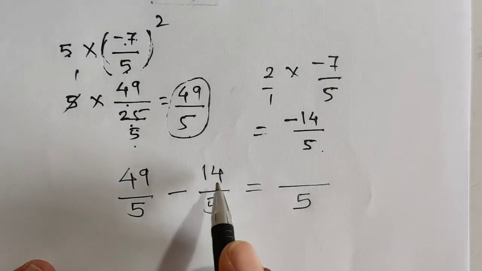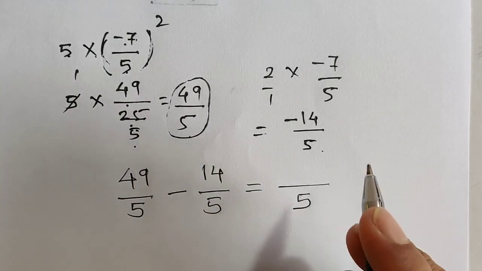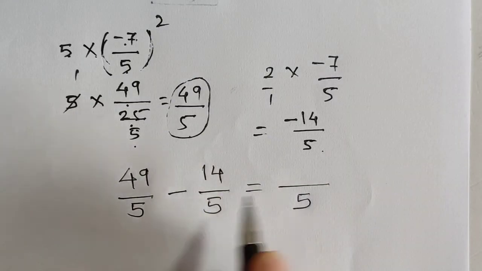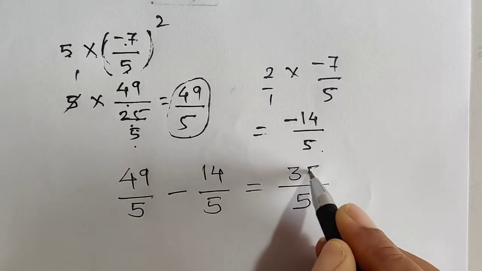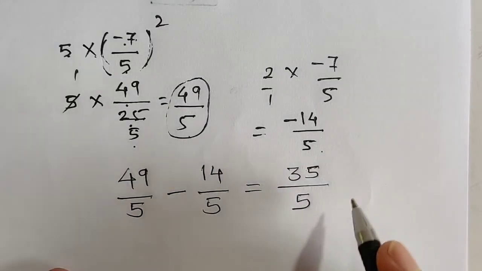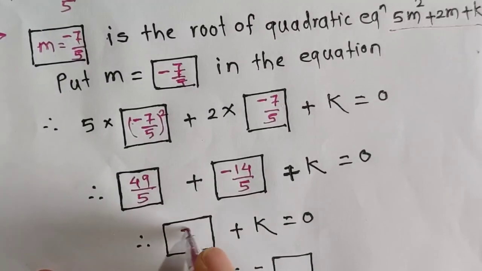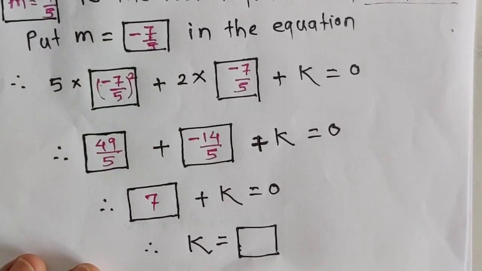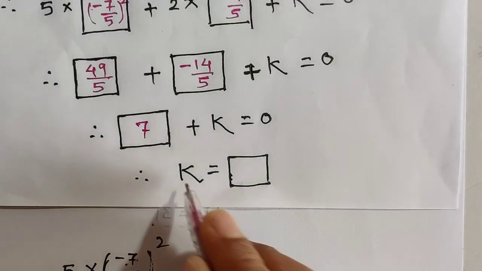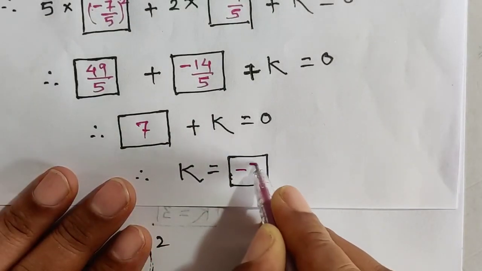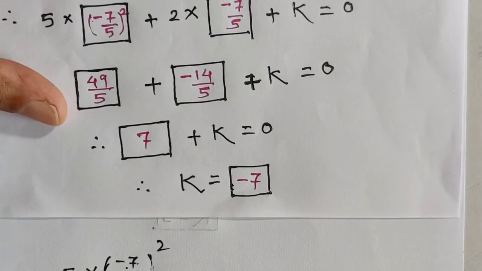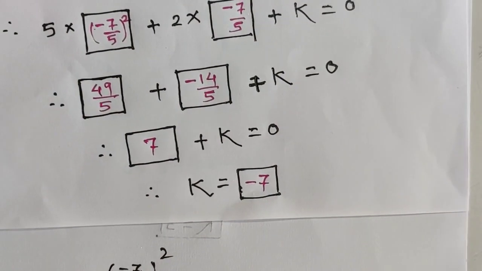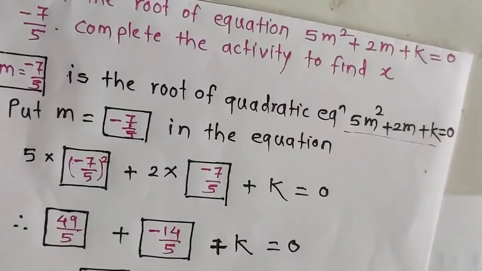Now 49 minus 14, we get 35. So 35 by 5 is equal to, 5 7s are 35. So here we get 7. This sum is equal to 7 plus k is equal to 0, and therefore k is equal to minus 7. So in this way we can complete this activity or complete that sum number 6.